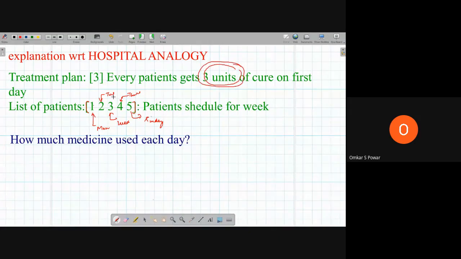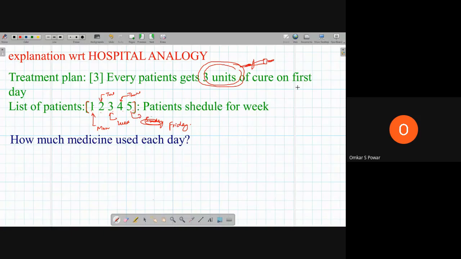So there will be Monday, Tuesday, Wednesday, Thursday, and Friday. Saturday and Sunday are holidays, because it's lockdown here. So let's take the treatment plan where every patient gets 3 dosages of cure. By 3 units of cure I mean 3 units of injection. I am saying that in order to explain.